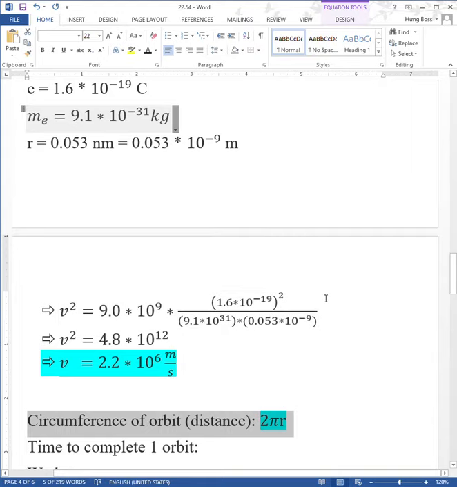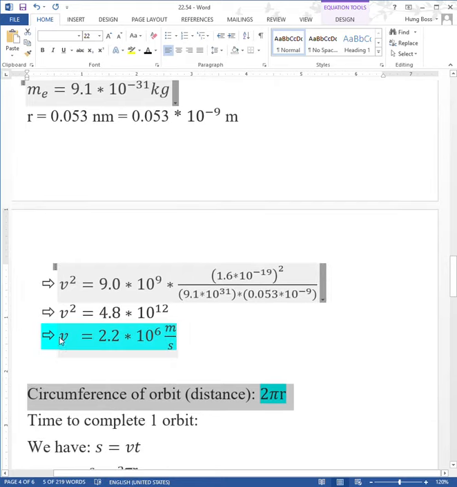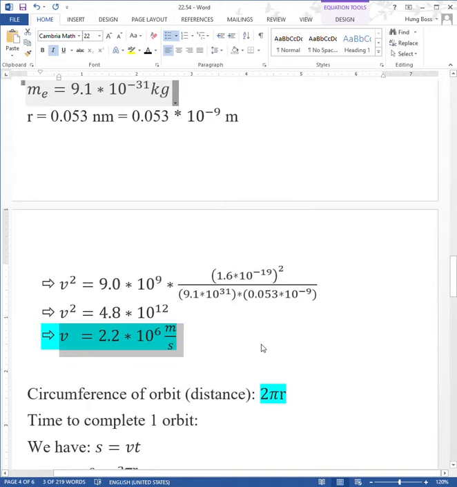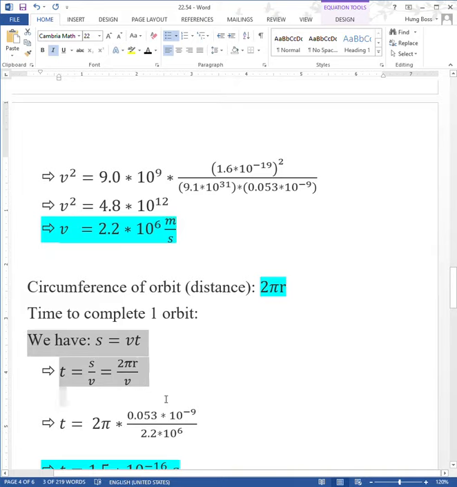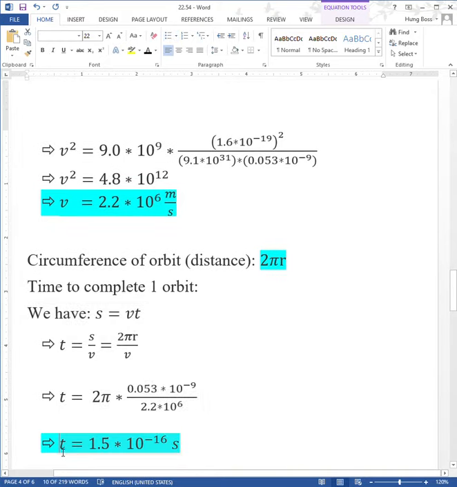And because we already have electron's velocity, which is here, we only have to plug it into the equation and solve for it here. And this is the time that the electron needs to complete one orbit. So now the electron needs this much time to complete one orbit.